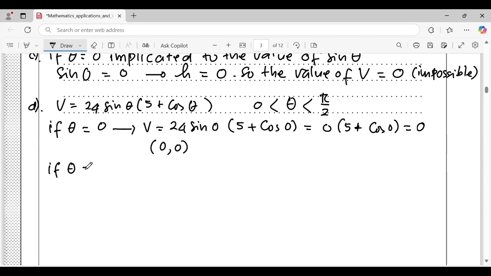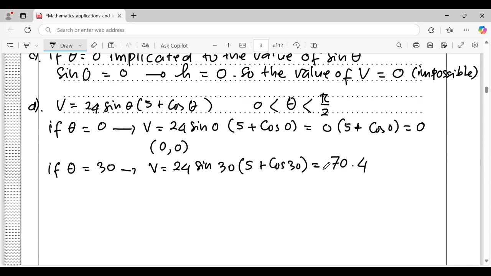If theta equals 30, phi equals 24 sine 30 times 5 plus cosine 30. And if we calculate, the result is 70.4. So the coordinate point is 30, 70.4.